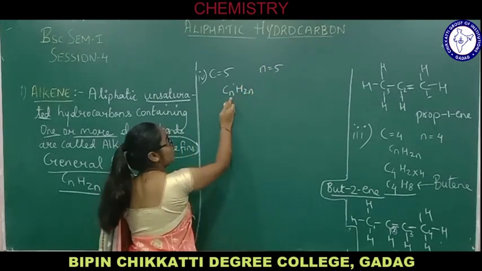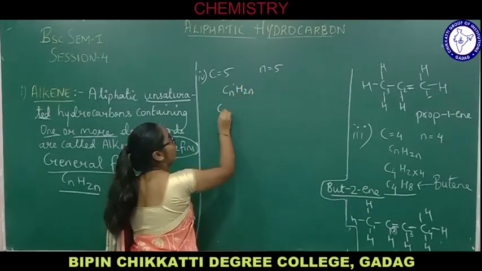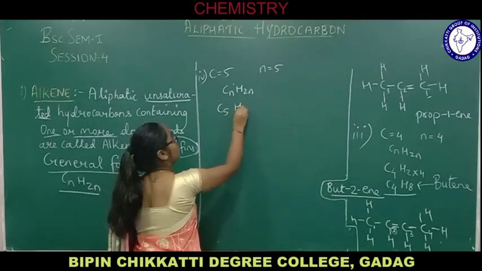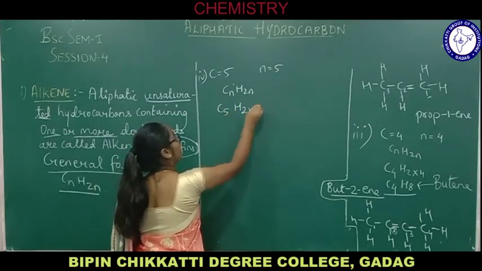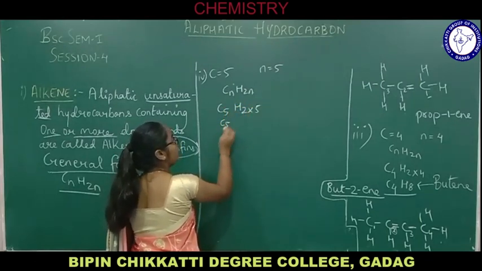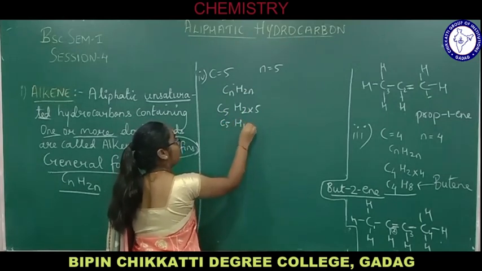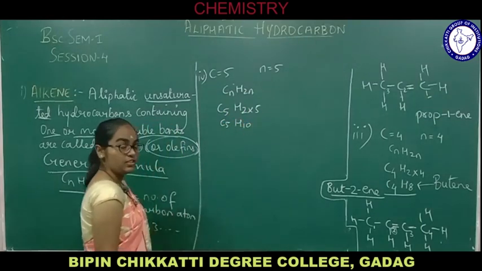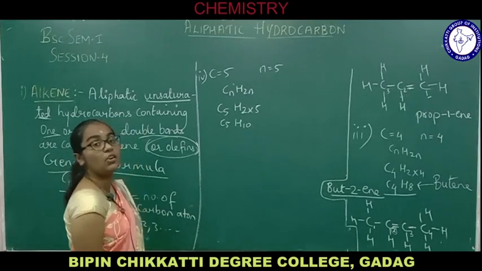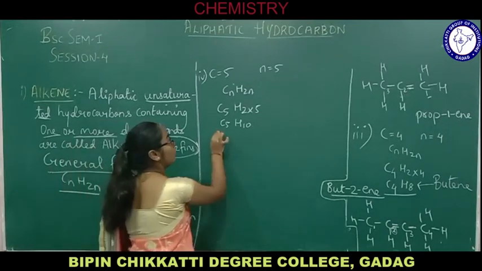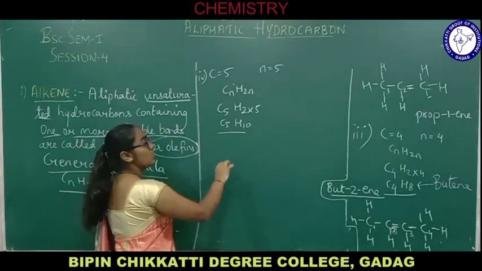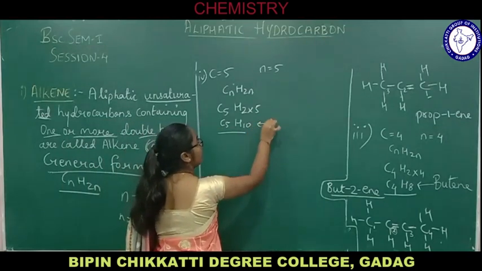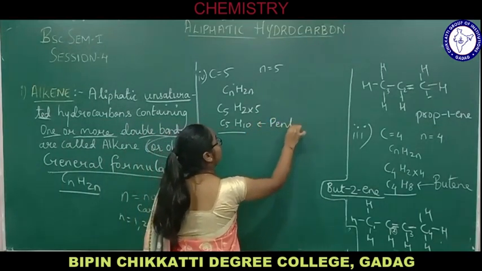N is 5, so 2 into 5 becomes C5H10. So this is the next member of the alkene family with the molecular formula C5H10, and the name for this is pentene.